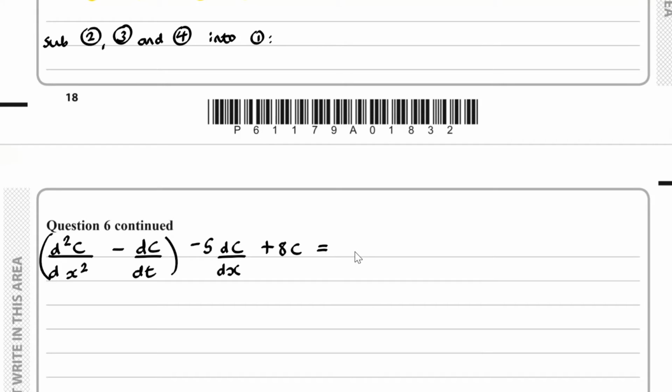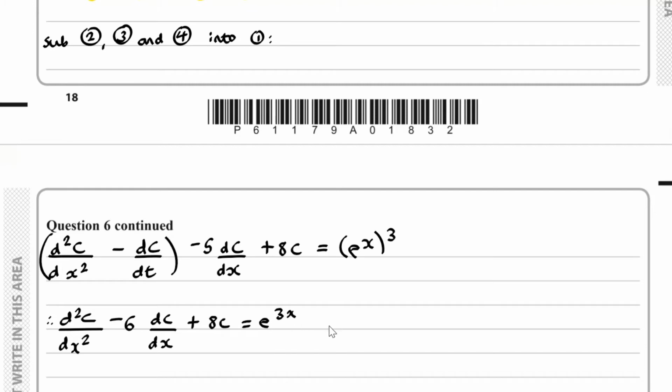Now equation 2, that's e to the power of x, so e to the power of x cubed is the same as t cubed. And if we tidy all this up a bit, hopefully you can see d squared c over dx squared minus 6 lots of dc over dx plus 8c. This is equal to e to the power of 3x. We'll call this equation 5. And that's what we wanted to show.